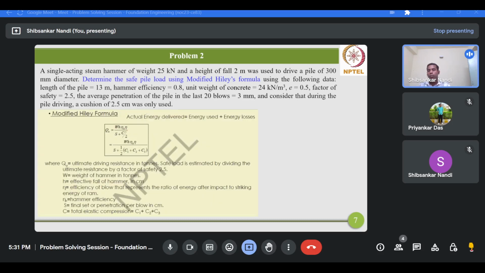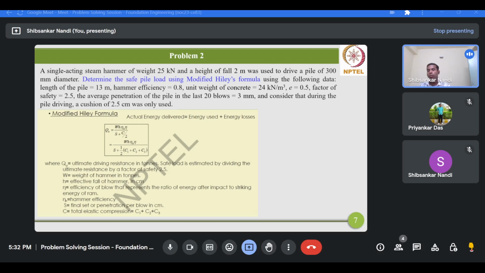Okay, so as per this formula, the ultimate load you can determine by using this equation, which is nothing but W times H times eta H times eta divided by S plus C by 2. Now this C will have three components, C1, C2 and C3. So we'll see subsequently what are the physical significances of each of these parameters involved in this equation.